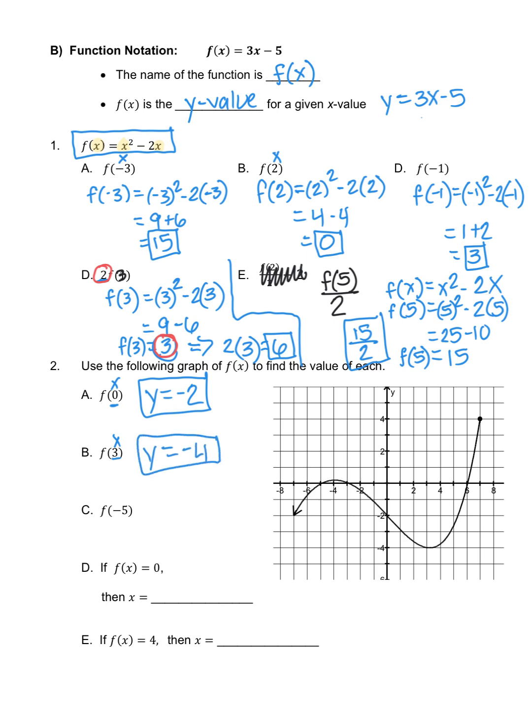Now let's do C, f of -5. Remember, -5 is our x value. Let's find -5 on the graph here. There's -5. And where does it touch the graph? Well, right here, x is -5. When x is -5, y is 0. So let's put y equals 0.